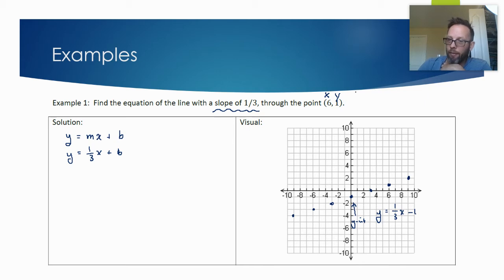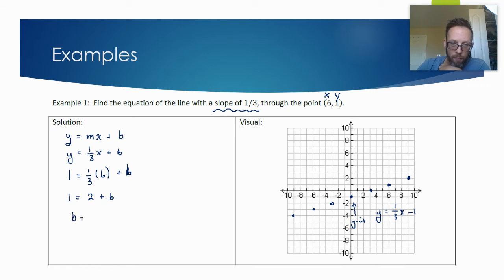You will always be given a point, at least one point, and every point has an x value and a y value. You can sub those into your line. The question says that when y equals 1, x equals 6. And this gives you a tiny equation to solve for the y-intercept b. 1/3 of 6 is 2. And 2 plus what number is equal to 1?